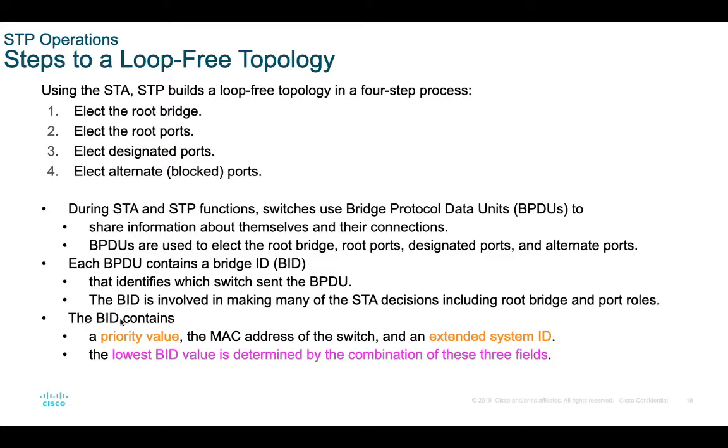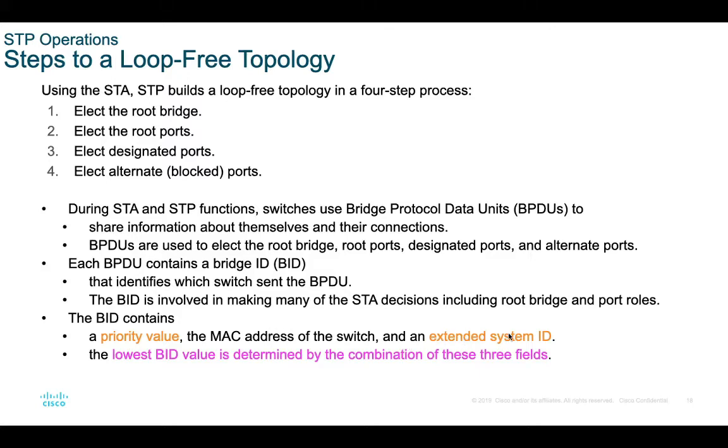Inside the bridge ID, there is a priority value, which means every switch has its own bridge ID, with its own priority value, followed by the MAC address of the switch, and an extended system ID.